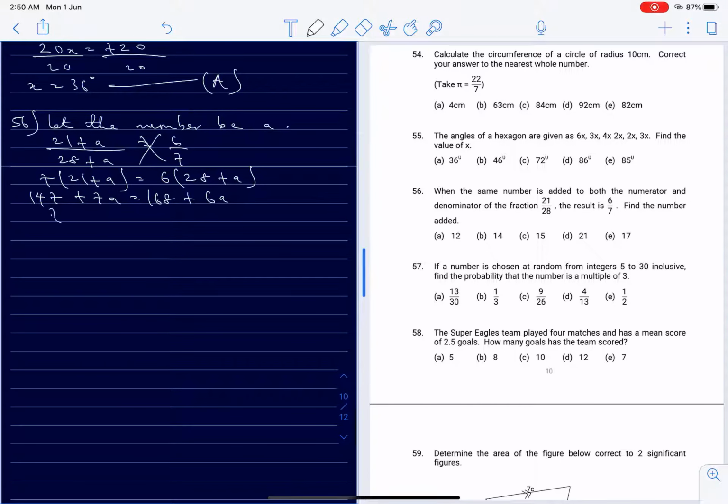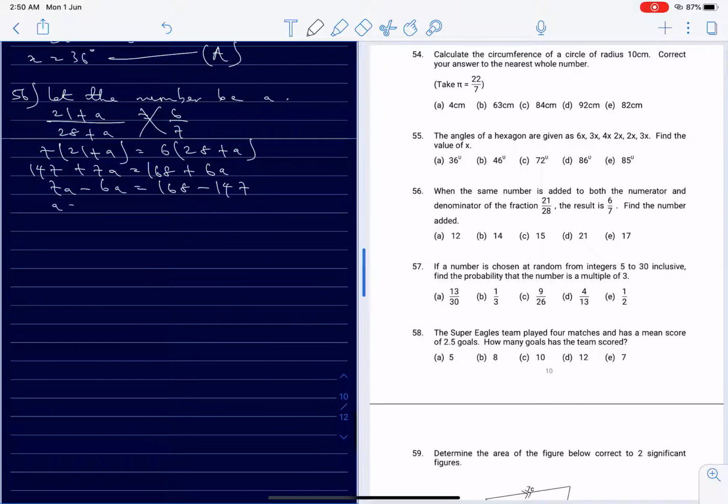Now we collect like terms. 7A minus 6A will be equal to 168 minus 147, and that means A is equal to 168 minus 147. That's 21. Therefore, the number is 21.